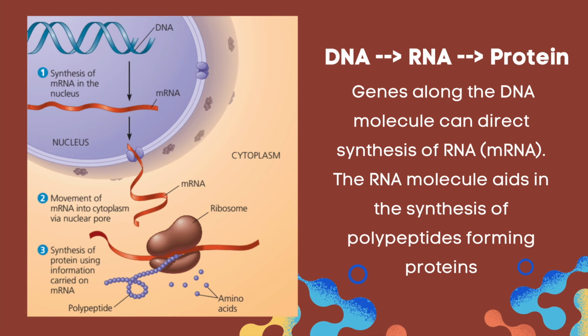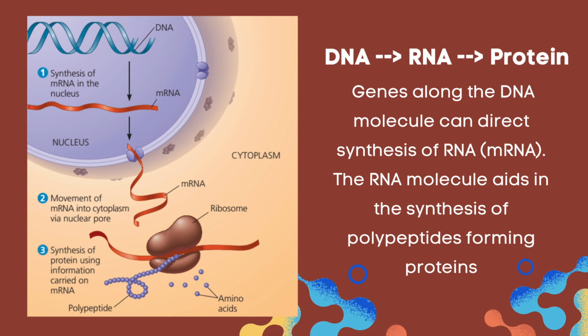To carry out these functions, DNA sequences must be converted into messages that can be used to synthesize proteins. These messages coded in the DNA are transcribed by the RNA molecule. In this case, a specific type of RNA called mRNA, short for messenger RNA, carries the recipe to form precise orders of amino acids, which are the building blocks of proteins.